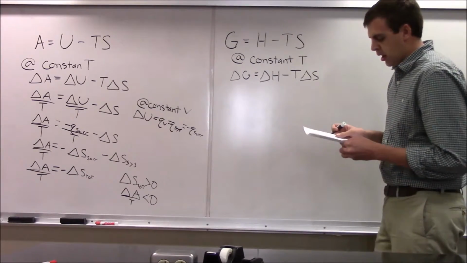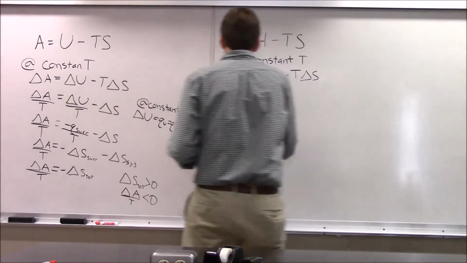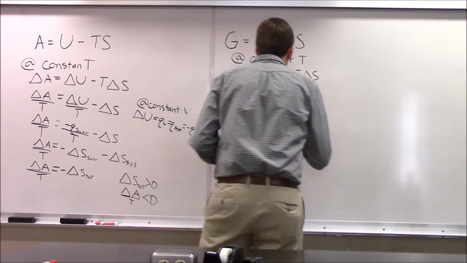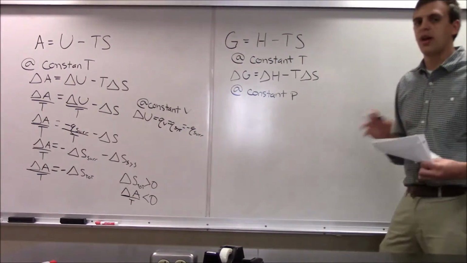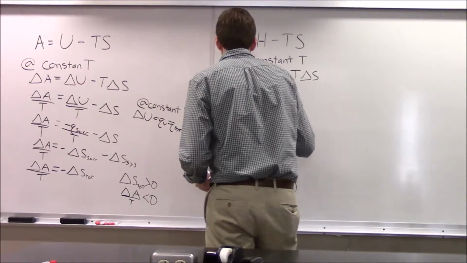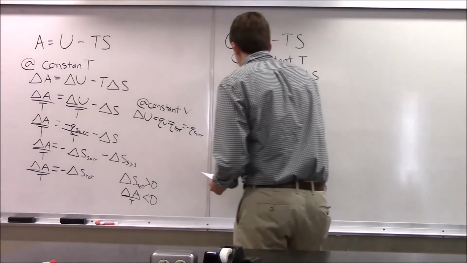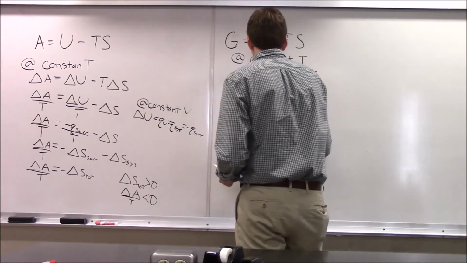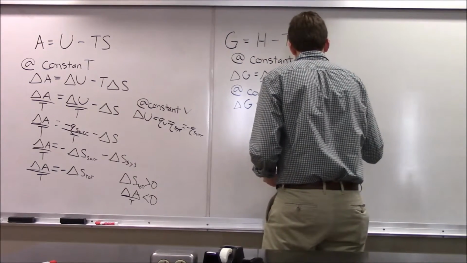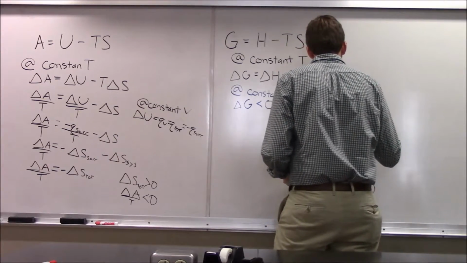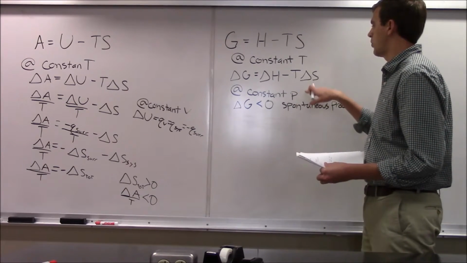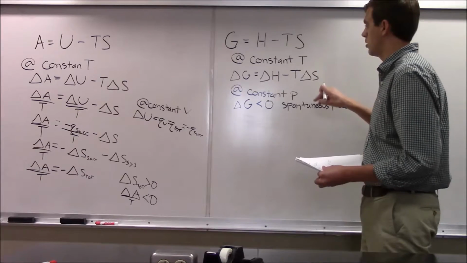Now, this at constant pressure is starting to give us information about the spontaneity of our system. So at constant pressure and inherently constant temperature, our delta G is less than 0 for a spontaneous process. Okay? That's only true if we're at constant pressure and constant temperature.